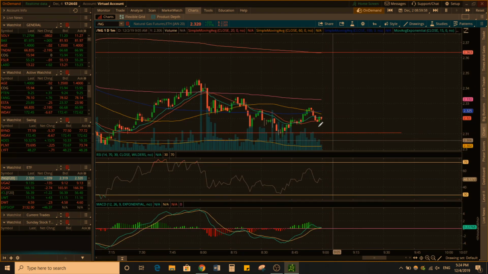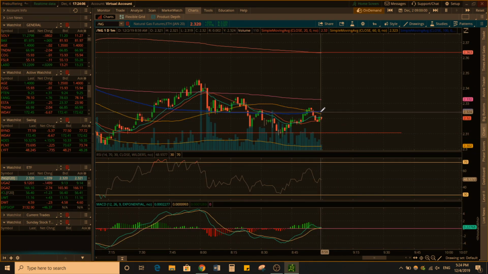Okay, NG. The NG's trend line looks like it's coming out from flattening to increasing, which is not great. But its yellow line, its 60 length SMA, is still pointing down.